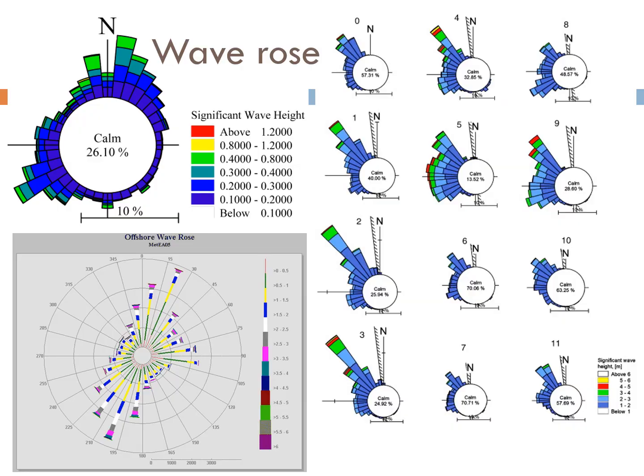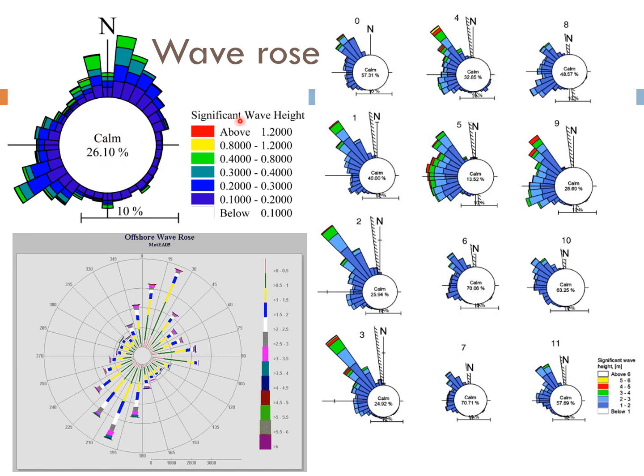Whether it's wind roses or wave roses, the concept is exactly the same. Here we see wave roses instead of wind roses. If you look at this particular figure, you notice that in this particular location, 26% of the time it is calm. And we need to be careful how we define calm.